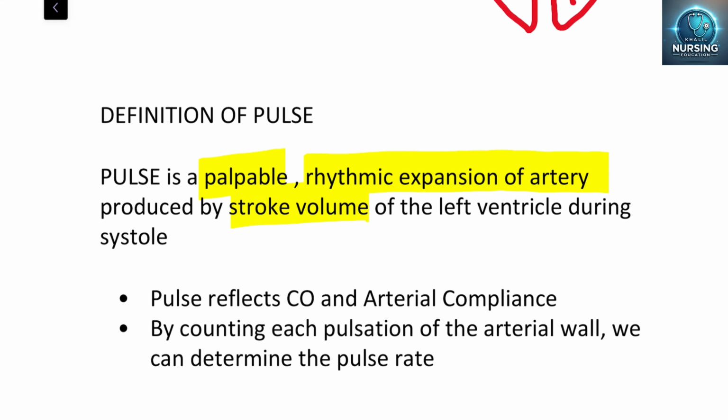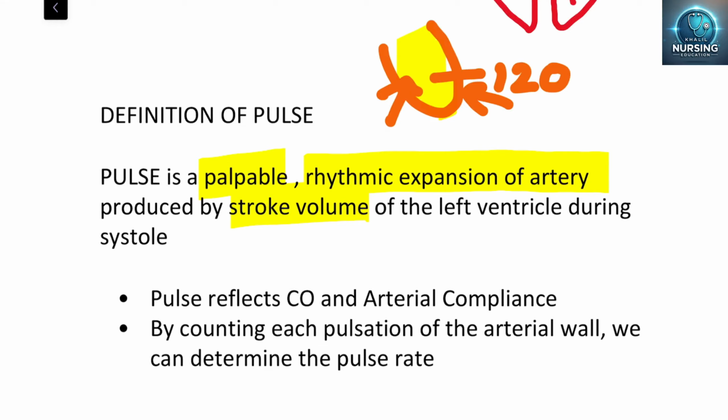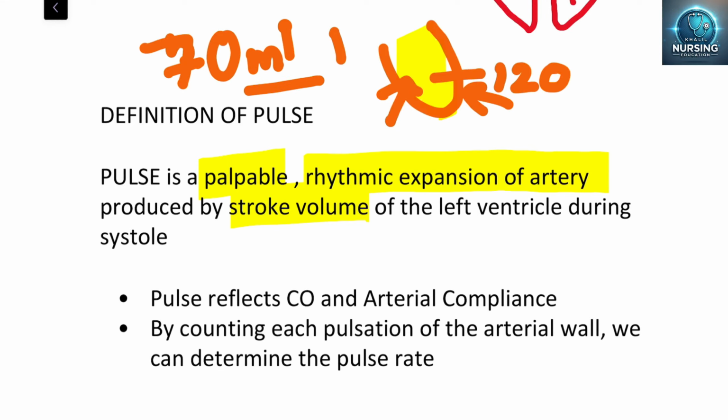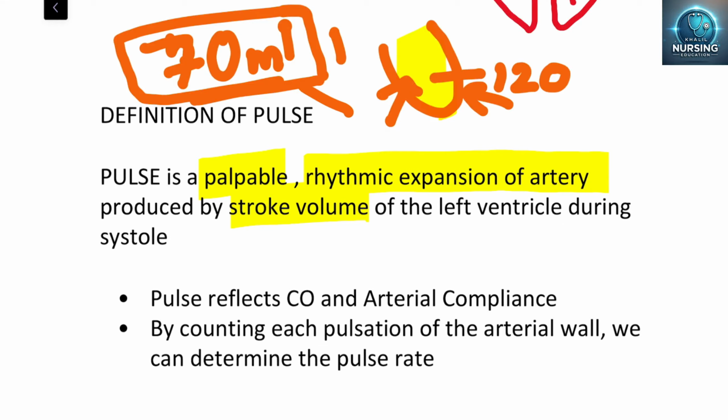So stroke volume: there is a content in the left ventricle. Suppose there is 120 ml of blood. Due to the contraction of the ventricle, the amount of blood ejected out from one contraction of the left ventricle is about 70 ml. The amount in ml that is ejected out per contraction is nothing but the stroke volume.